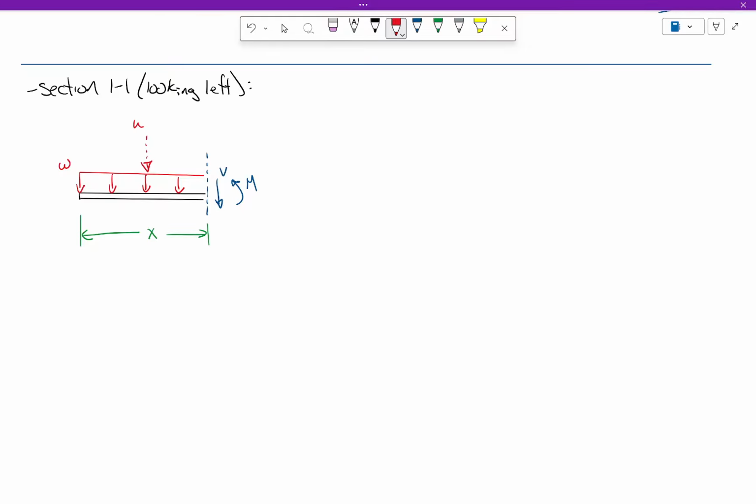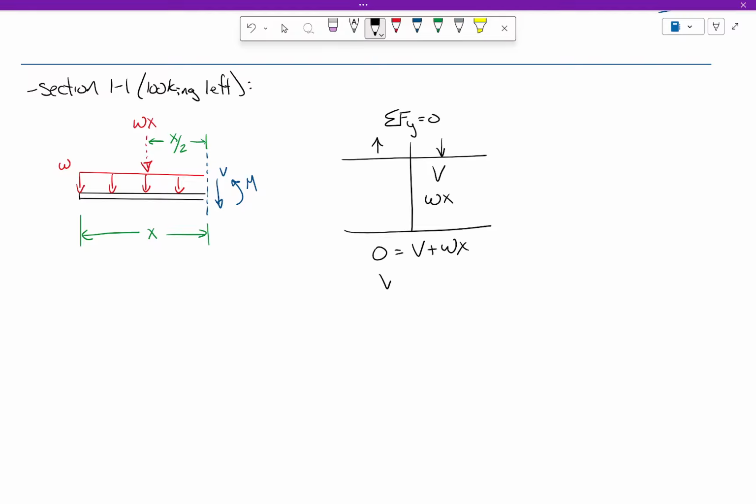W times X. Times a moment arm of X over 2. Does everybody see that? So, if I sum forces in the y direction, I have V going down, WX going down. So 0 equals V plus WX, which means V equals, sorry, negative WX.